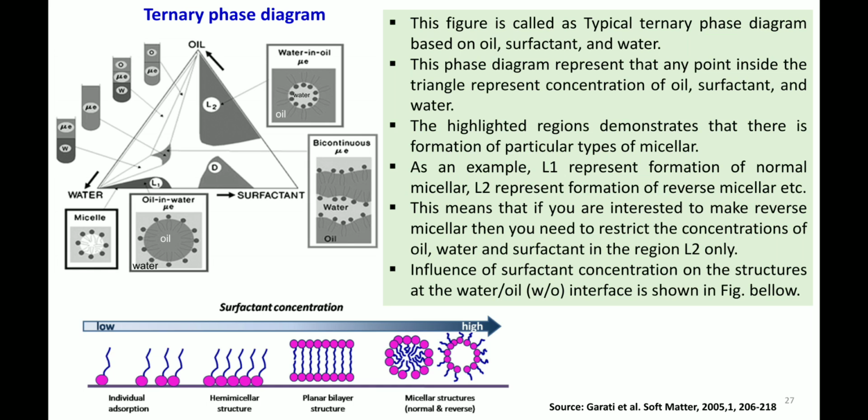These are the ways by which we gather the data, and when you compile all such data in one figure, what you get is a phase diagram. So this is a phase diagram for oil, water and surfactant as a ternary phase.